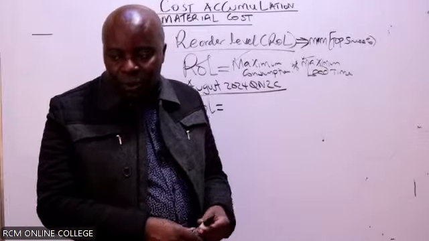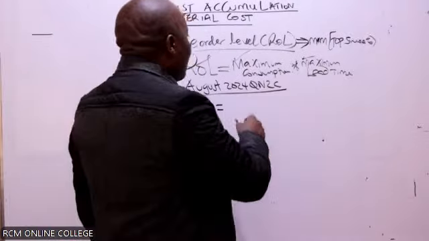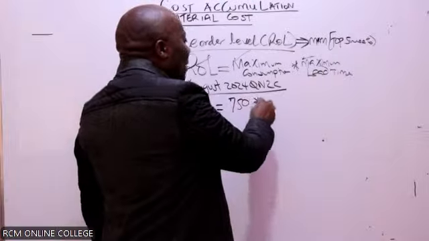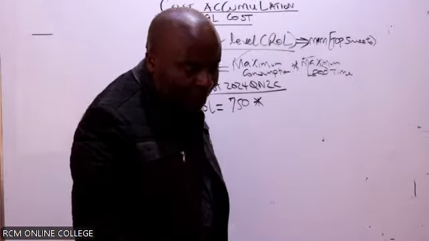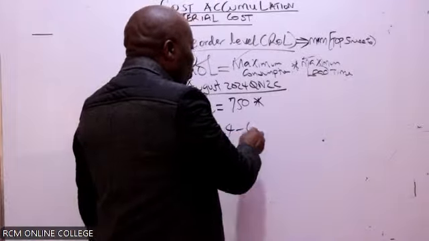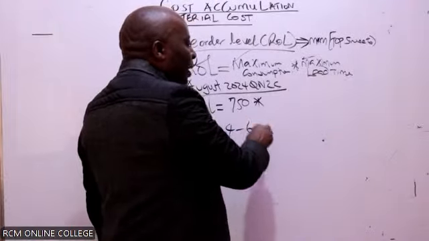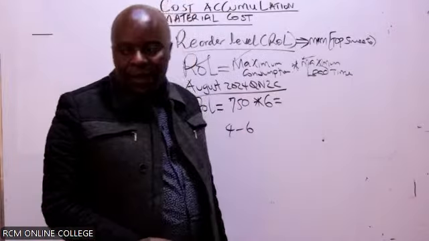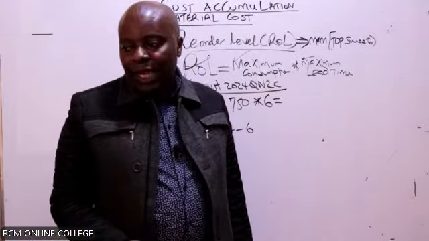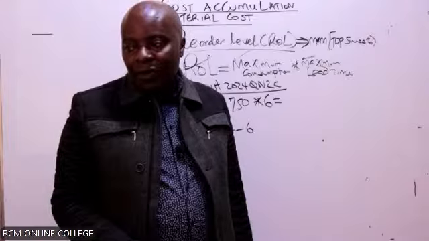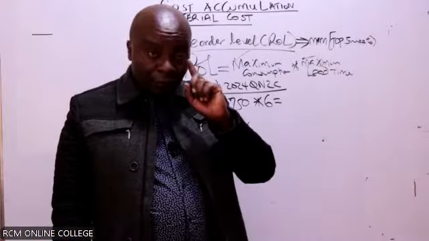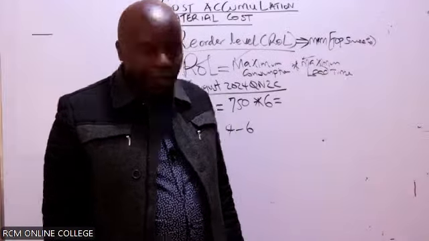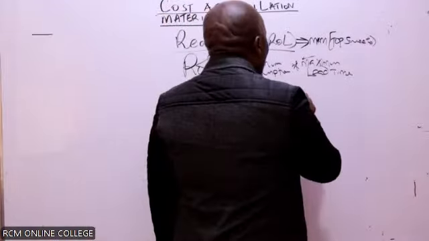According to Pius and Gathoni, maximum consumption is 750 times maximum lead time. The lead time given here is 4 to 6 weeks, so 6 is the maximum. So 750 times 6 gives us 4,500 units.